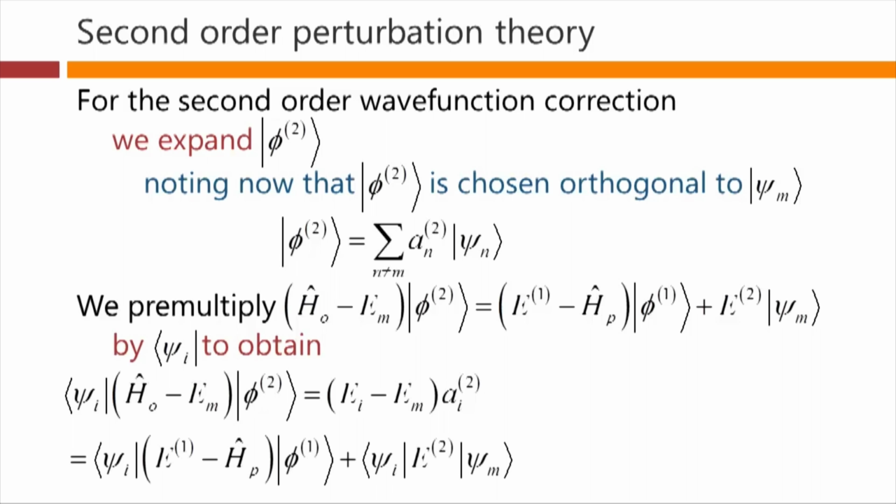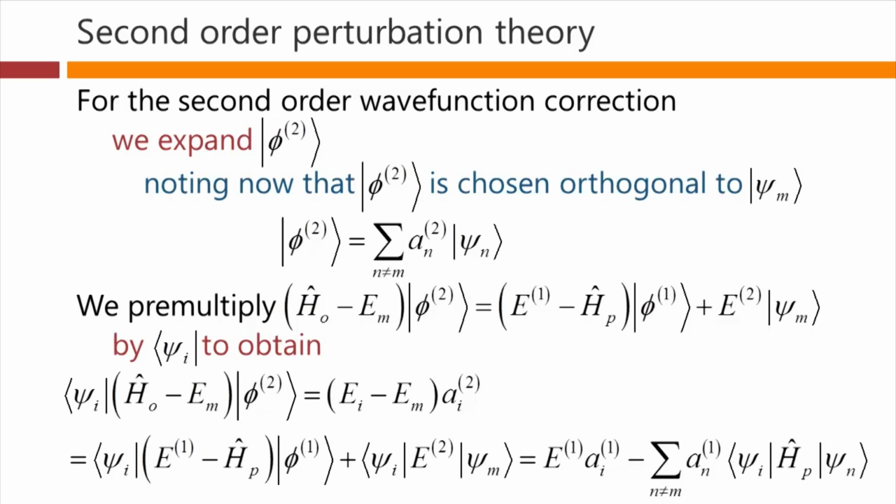Pre-multiplying on the right-hand side by psi i, so we put psi i in front of each of these two terms. Well, for the first one, the E1 part, we have <psi i|E1|phi 1>. Well, that is E1 times <psi i|phi 1>, and that is just E1 ai1, because <psi i|phi 1> is ai1.